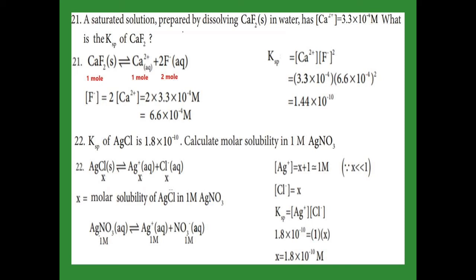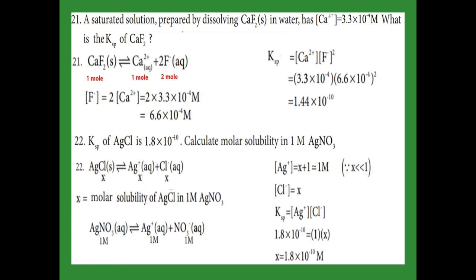Then question number 22. The silver chloride solubility product is given as 1.8 into 10 power minus 10. We have to find the molar solubility in silver nitrate. Silver chloride in water splits as Ag plus and Cl minus. X is the molar solubility of silver chloride in 1 molarity of silver nitrate.